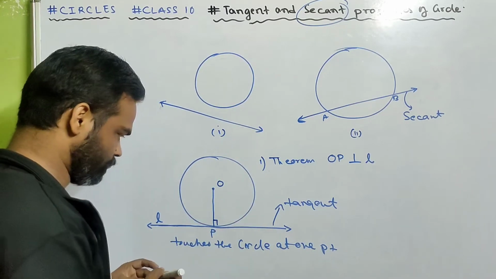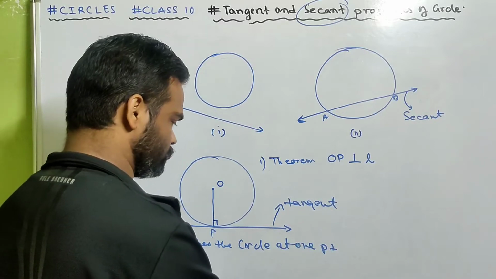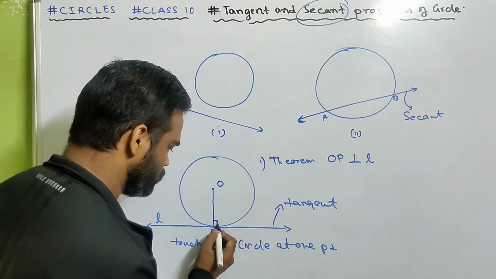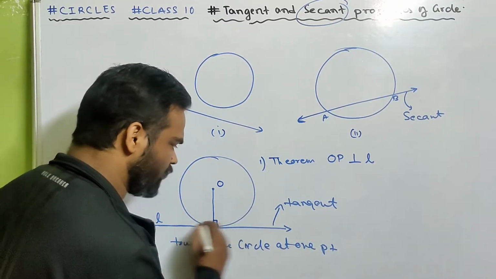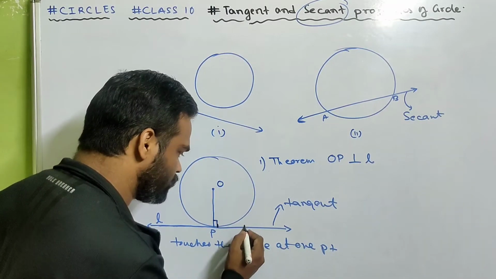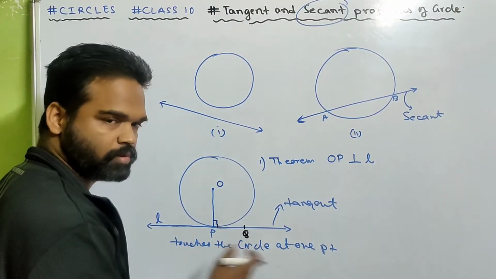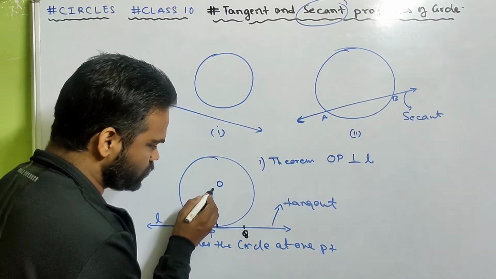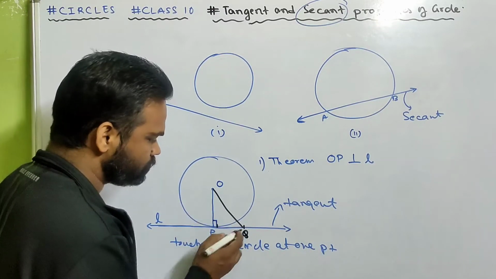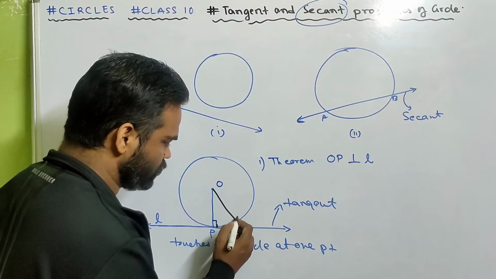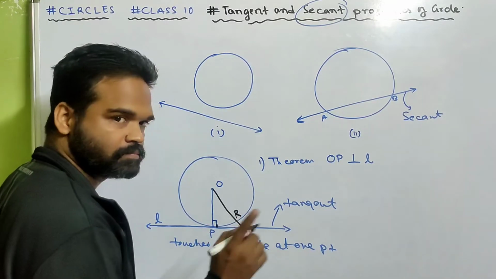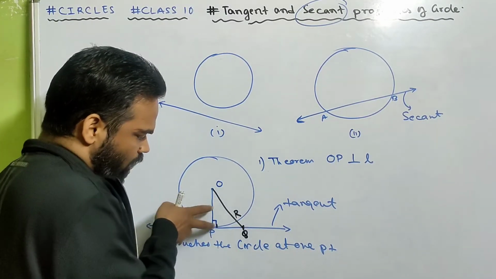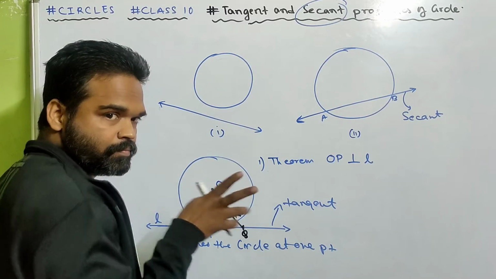Okay, now look carefully. How can you prove this? Suppose I take a point Q on this straight line anywhere. I'll join OQ. And suppose this is R. Now look carefully. OR and OP is equal?